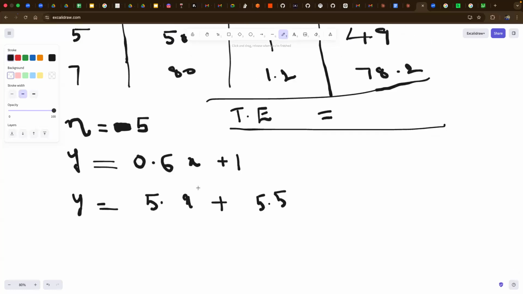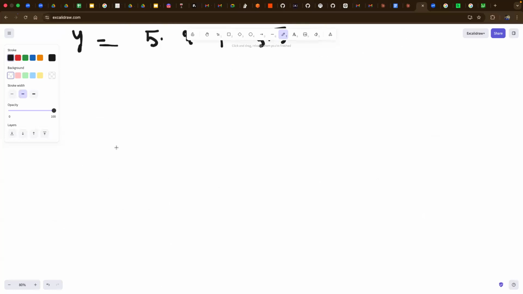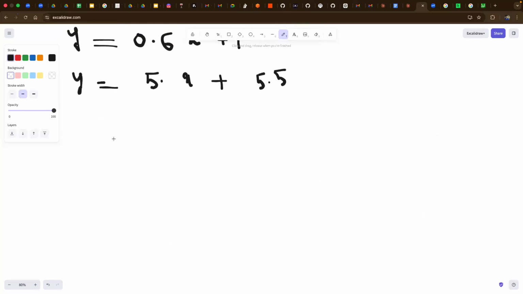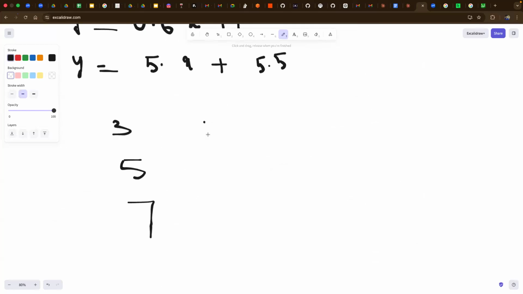So what would be the new prediction that we will get? Let me write that data set one more time. Those 3 points, 3, 5, 7, and then 20, 50, 80. Now this is the Y value, actual value.